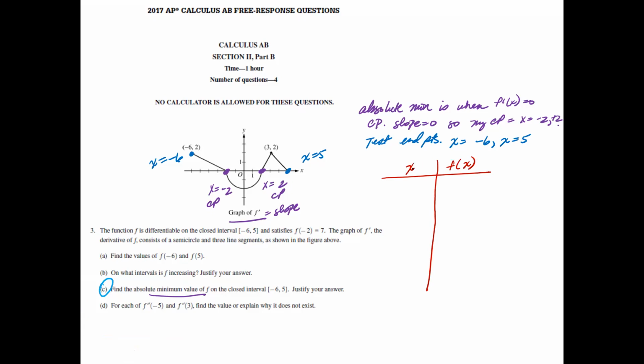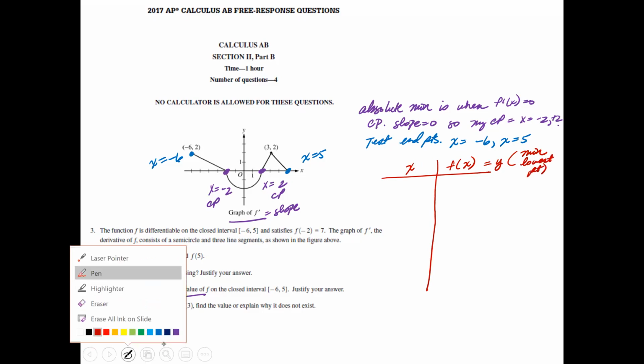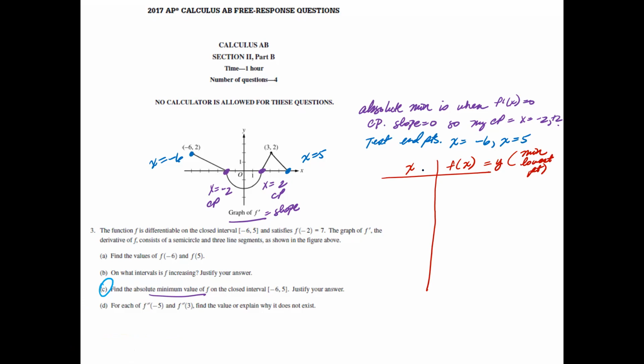Remember, x is just going to be the points themselves. Your f of x is going to be the value, like the height. So you're looking for the highest point and the lowest point. And given that we're looking for the minimum, we're going to be looking for the lowest point. So just keep that in mind. So let's go ahead and make sure that we have this. So our first point in the situation is going to be -6.